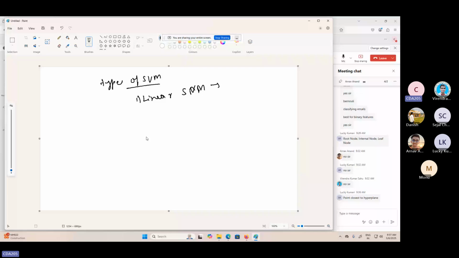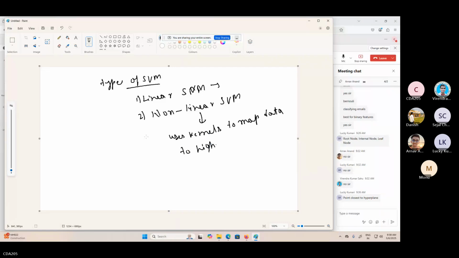Another one is non-linear SVM, in which we use kernels to map data to a higher dimension. These are the two types of SVM.